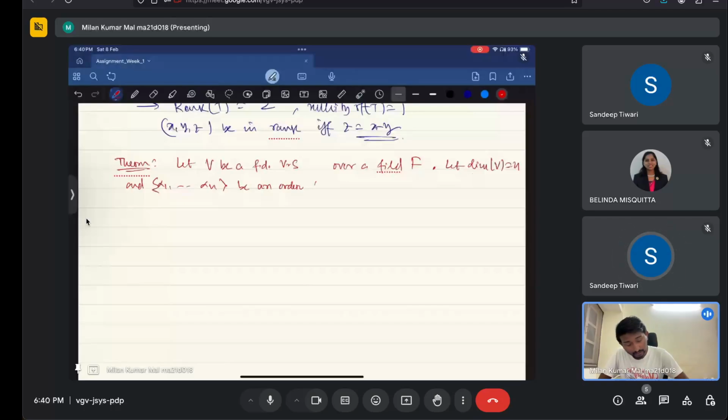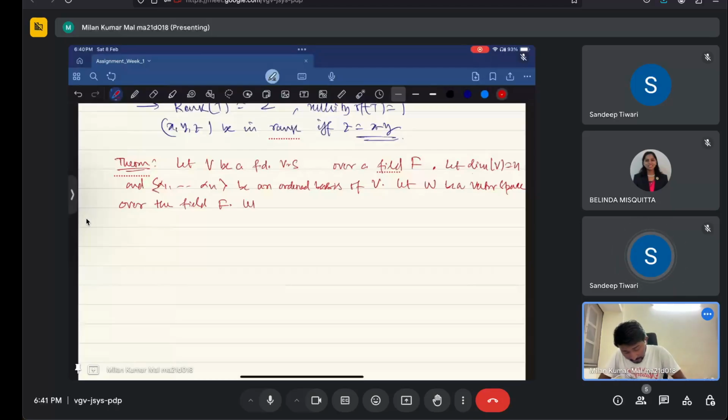Let W be a vector space over the field F. The statement is correct, but not well arranged. Then let beta 1 to beta n be any elements in W; they need not be linearly independent.